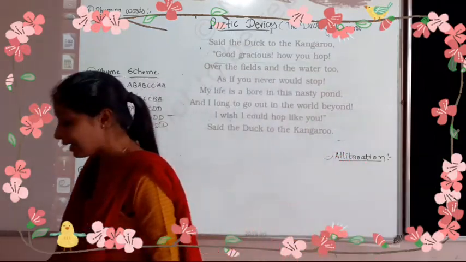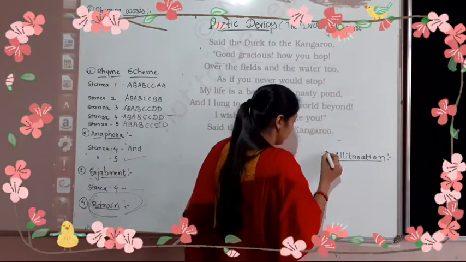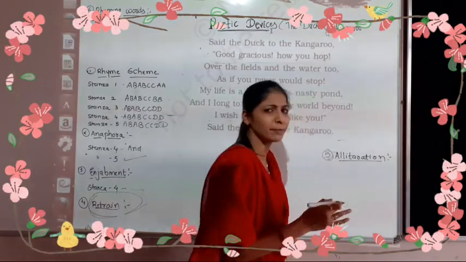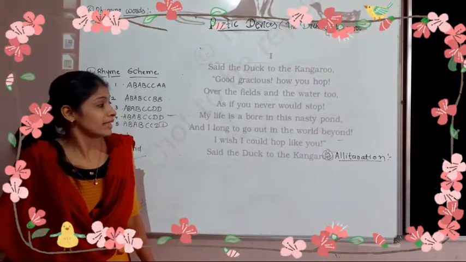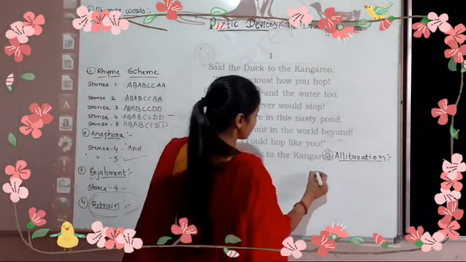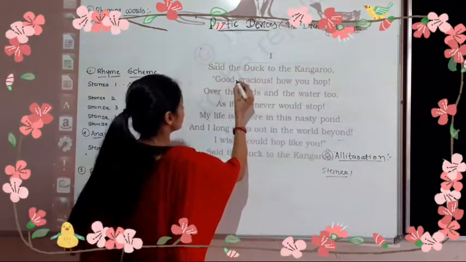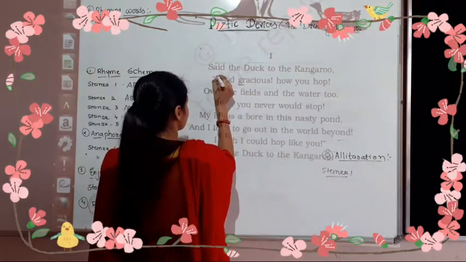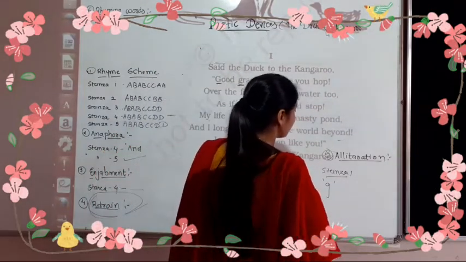So here alliteration is used also. In every poem we have talked about alliteration, so here also we'll see alliteration. In stanza number 1, see here students, good, gracious. This is the consonant sound: G sound repeated.